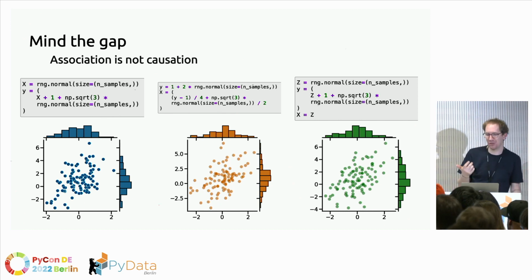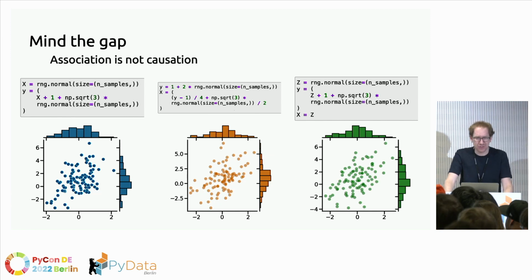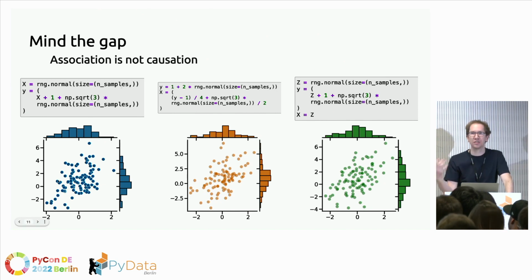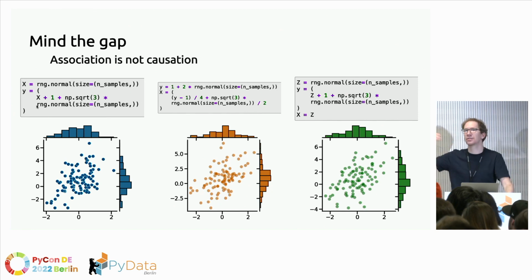So here I give simple examples that come from some slides from a tutorial from somebody from Twitter, actually, which is really interesting. If we look at the distribution of the data of those 3 different Python codes that generated those data, the distribution is actually the same, okay? If I look at the joint distribution, this is exactly the same thing. However, if I look at the code here, I created x, and then from x, I created y. So x causes y.